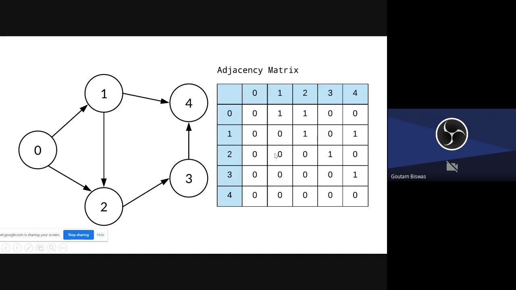This is the difference between a digraph and a simple graph. Digraph means directed graph, and graph means simple. So the matrix will be different for each type of these graphs. Okay, it will be clear.